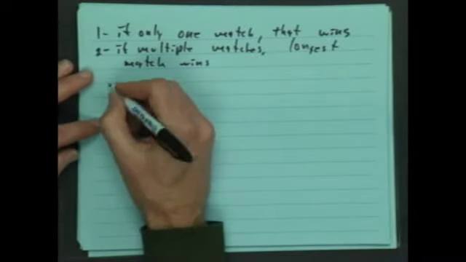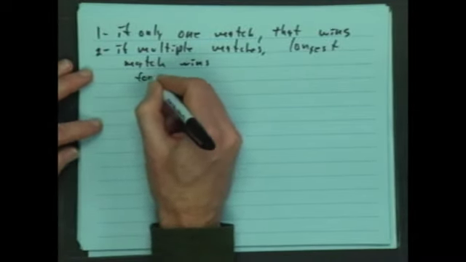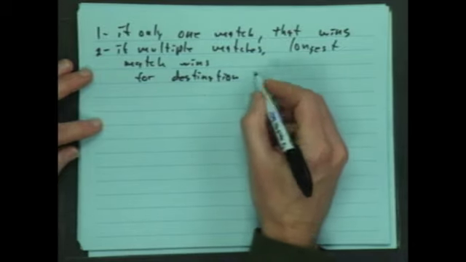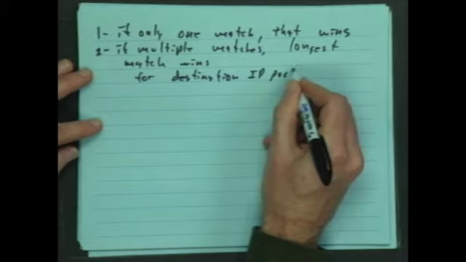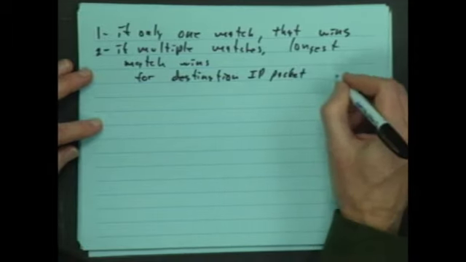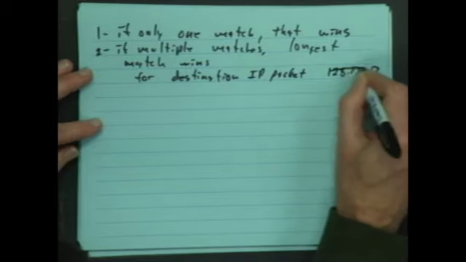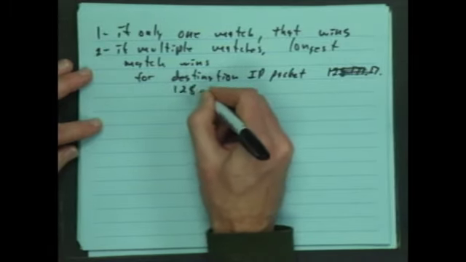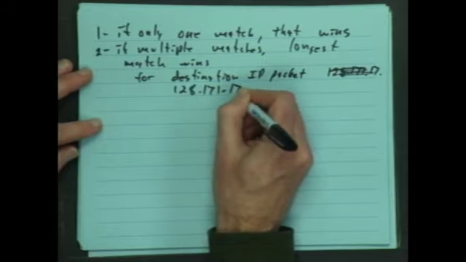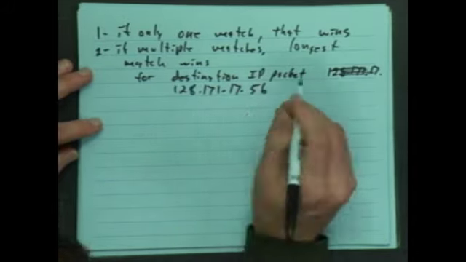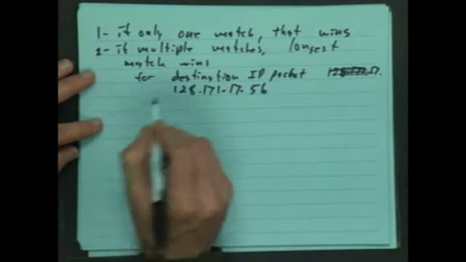All right. So if we look at our routing table, if we have a destination on our IP packet of 128.171.17.56, which rows does it match?